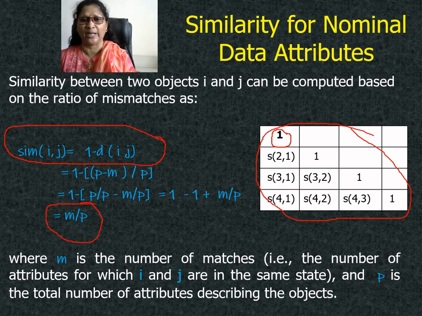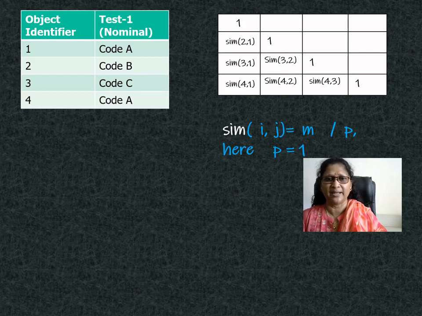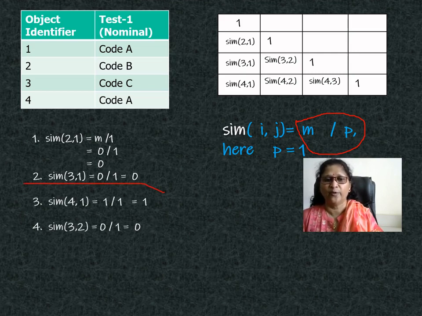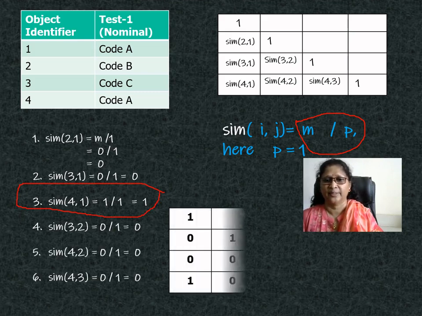Let us compute for one example, the similar example which was testing a code. With the similarity formula, it is going to be the number of matches divided by p. If we compute, similarity between 2 and 1 results in 0, similarity between 3 and 1 results in 0, and similarity between 4 and 1 results in 1.